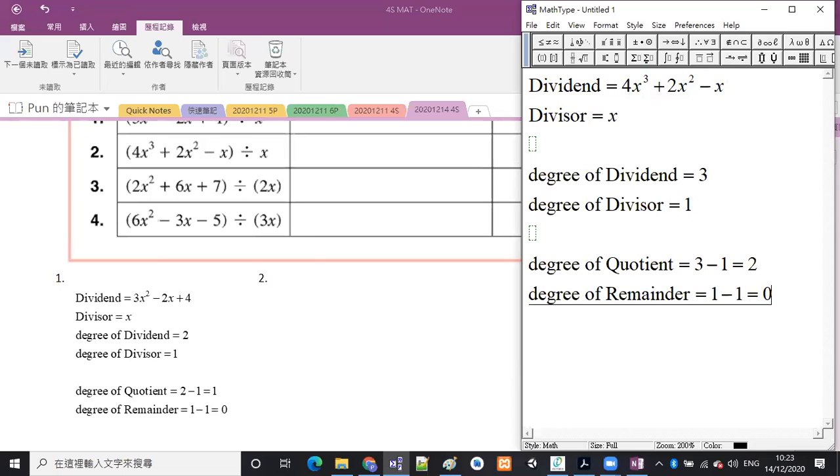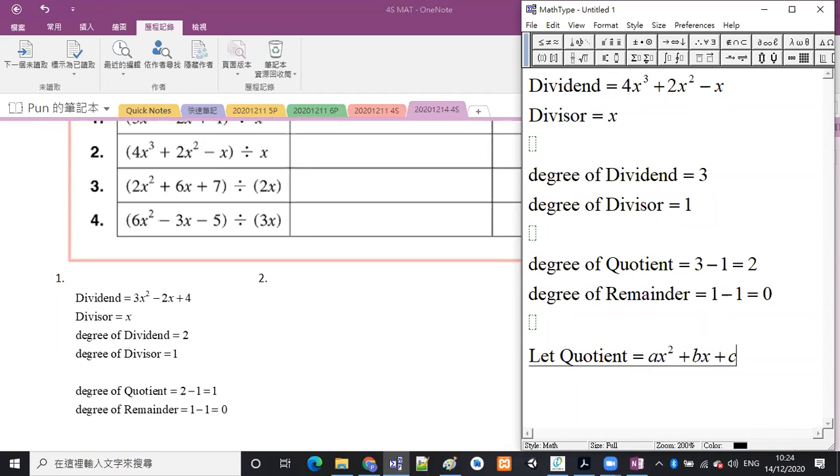Okay, we have to remember this, so we don't mix it up. Then we can let the quotient be, because its degree is equal to 2, the square term ax squared. And then we have the next term is bx, and we have the next term is c, until you get the constant term c.